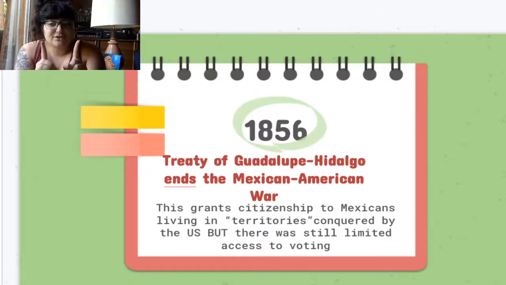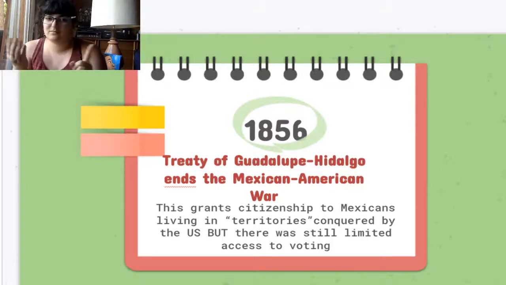But there were some issues. There were still limits to who could vote during this time, even if you were a Mexican-American male who was allowed to live on the territory that they were living in before. There were language requirements.